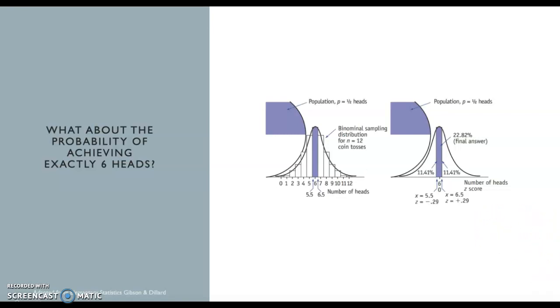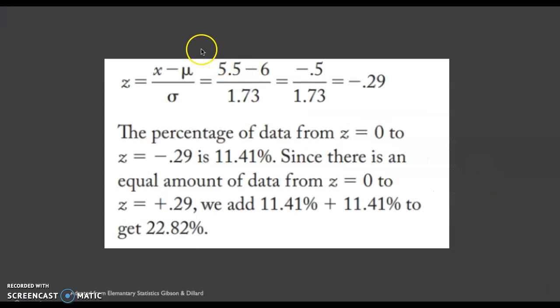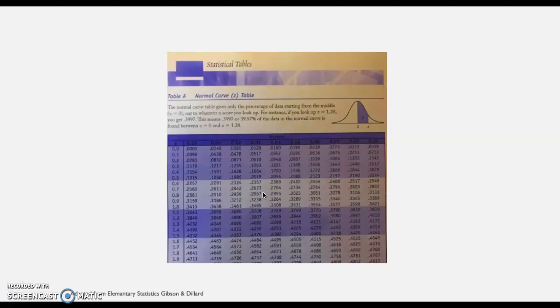When we do our calculations, for the 5.5 we get 5.5 minus 6 divided by 1.73, which gives us negative 0.29. The percentage of data from z equal to negative 0.29 to z equal to 0 is 11.41%. You might wonder how I got 11.41%.